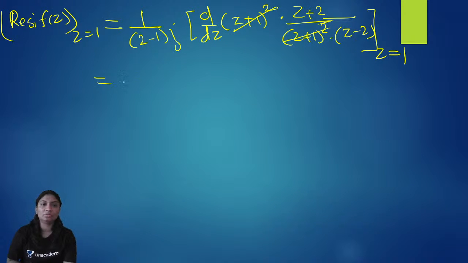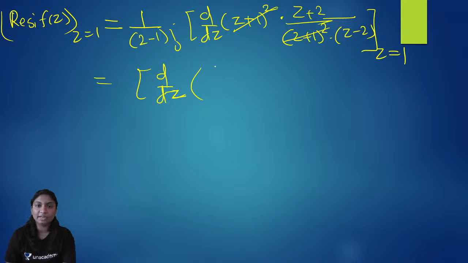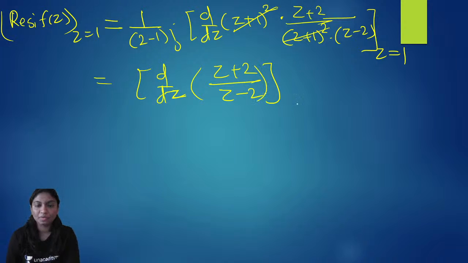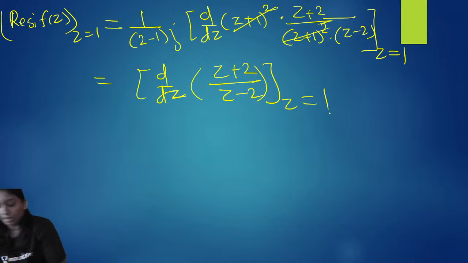The factor cancels, so we get d by dz of (z plus 2) upon (z minus 2), at z is equal to minus 1.